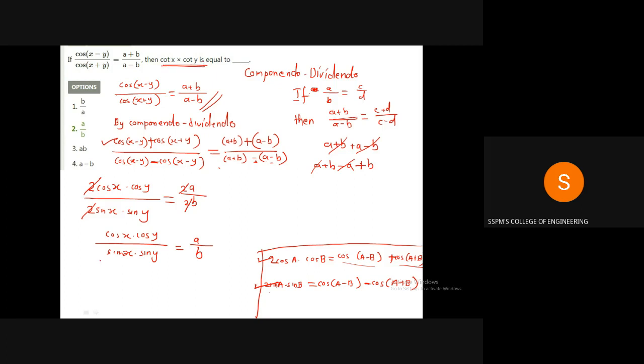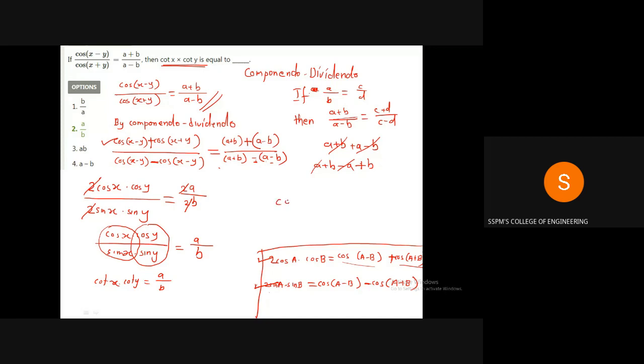See, cot x cot y means here we consider cos x and sin x, and here cos y and sin y. So cos x divided by sin x is cot x, and cos y divided by sin y is cot y, equal to A by B. That is the value.